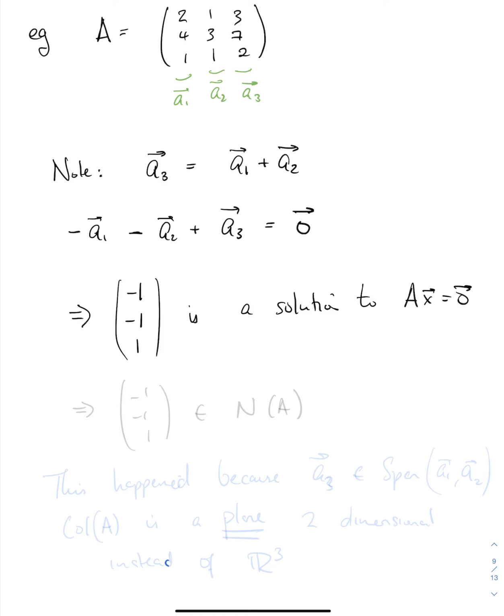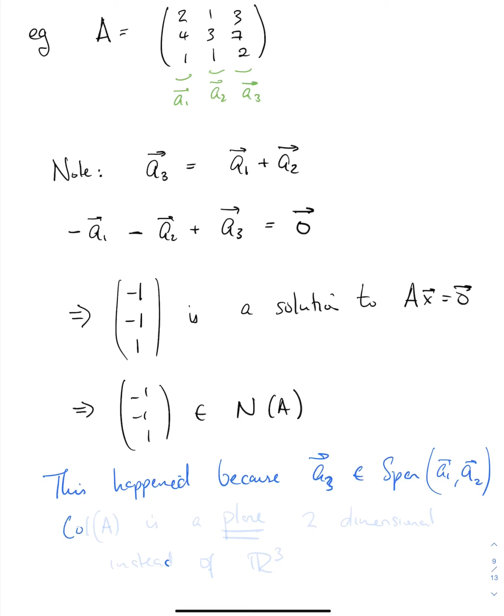The -1, -1, and 1 are the coefficients of the column vectors of A. But since this is a solution to Ax equals 0, this means that (-1, -1, 1) is in the null space of A. This happened because A3 was in the span of A1 and A2, using our new notation.